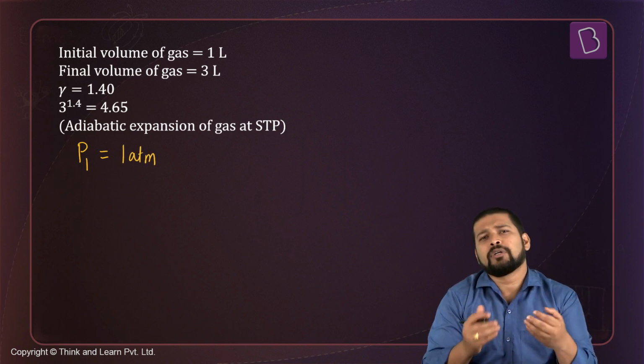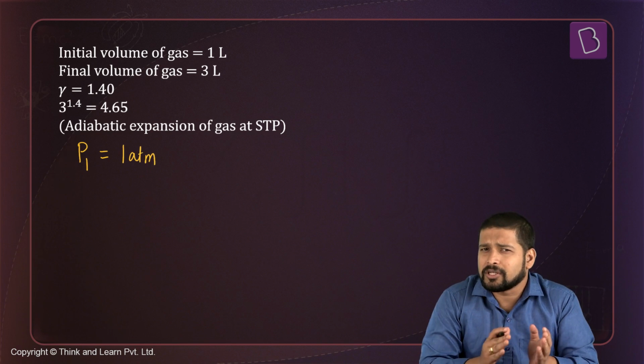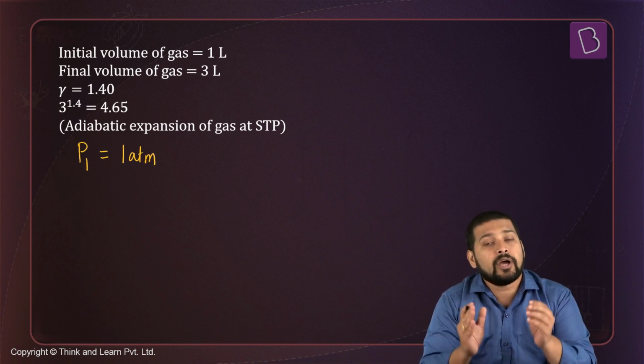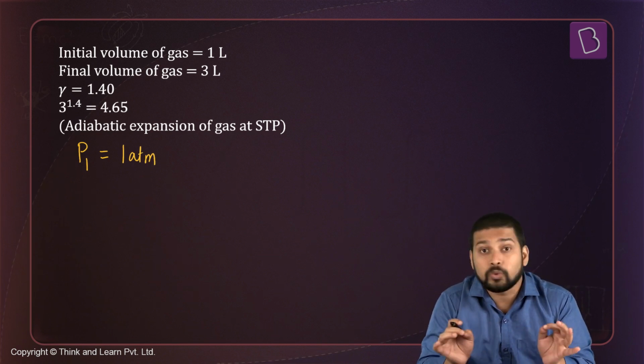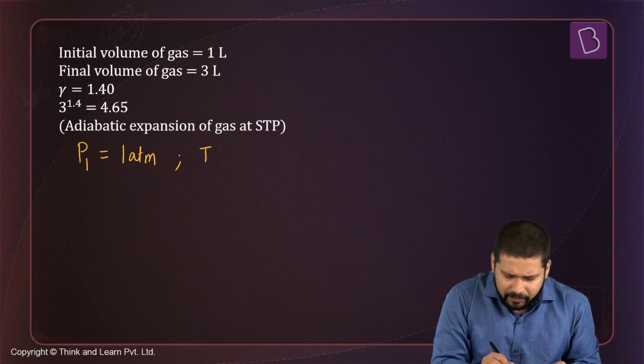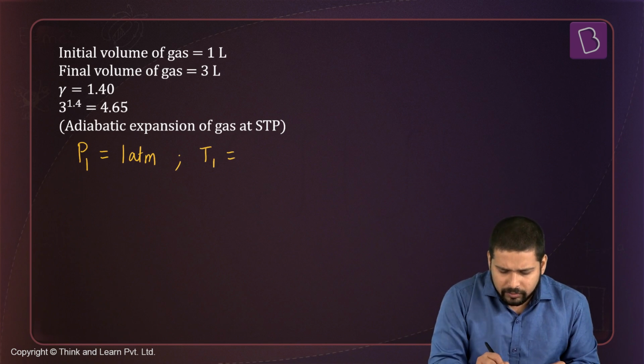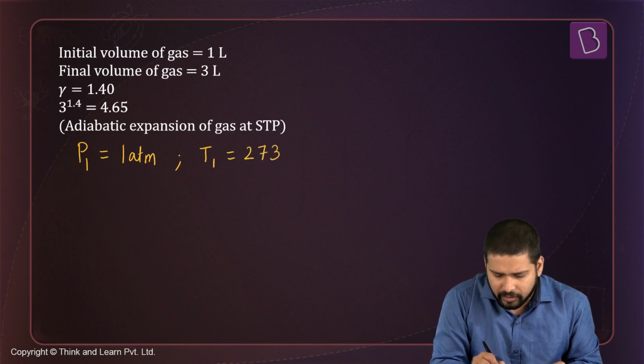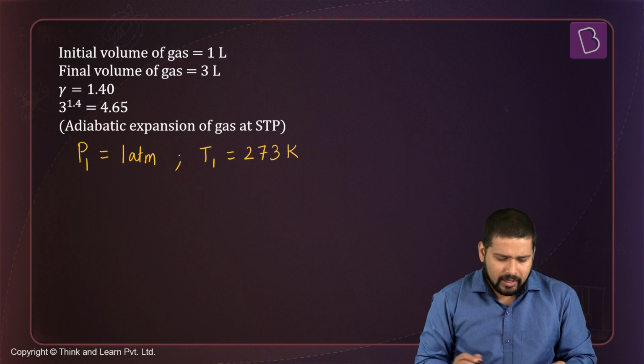Whenever you get a condition like STP, you understand that the pressure is 1 atmospheric pressure and the temperature is 0 degrees Celsius or 273 Kelvin. So I'll get temperature, that is T1, also equal to 273 Kelvin, right?